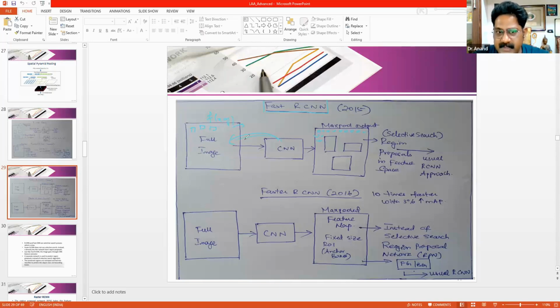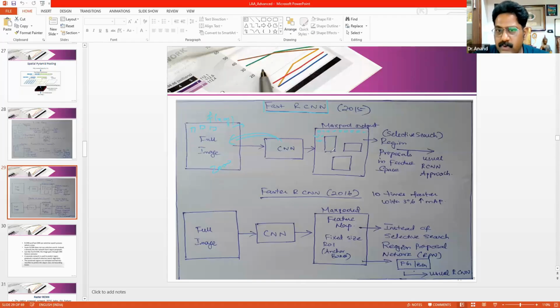So better to first apply the CNN layer and get the feature map. In the feature map, you apply the same region proposal algorithm. The only difference is, instead of proposing nearly 2000 regions, after the max pool output, a lot of redundant pixels are dropped and most of the background is zero.